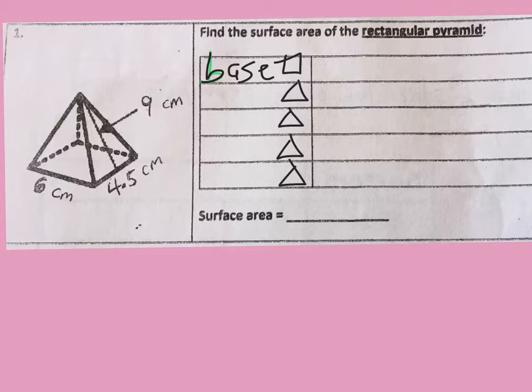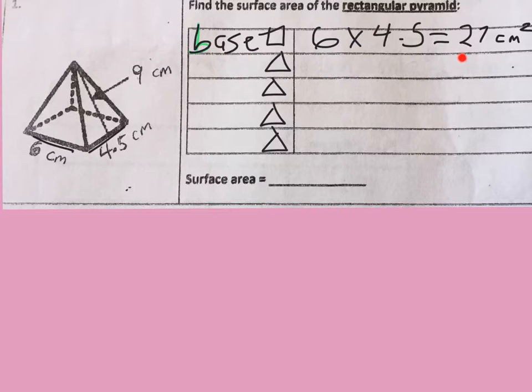We can label the sides if we want to, but I'm going to go ahead and find the area of the base. So the area of the base is 6 times 4.5. It's a rectangle, so length times width, 6 times 4.5, and that is, all right, hopefully you got 27 centimeters squared for the base.